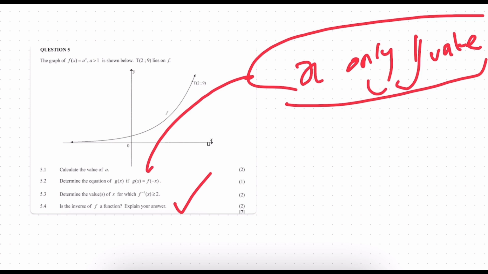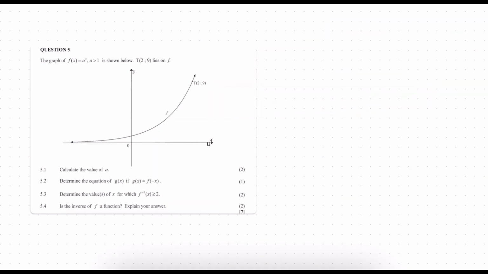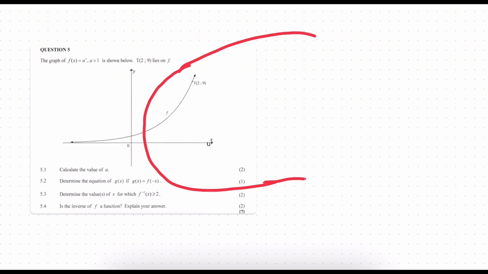But if it was not a function, it was gonna look something like this. You see, there is only one x value, but there are two y values here. This is not a function. For a function to be a function, an x value should only have one y value.